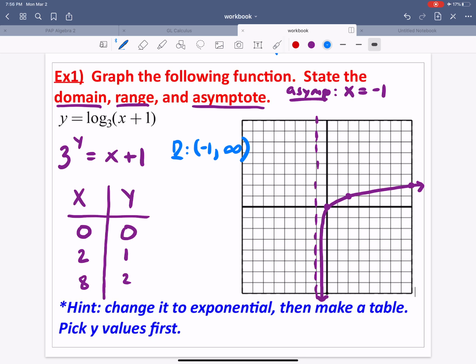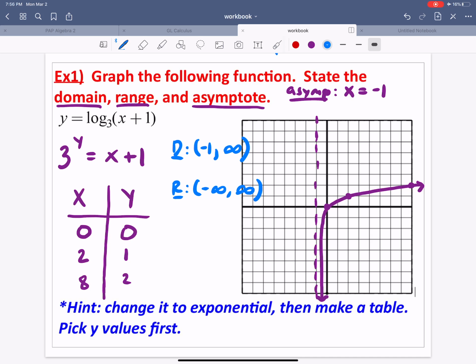And remember, when we use interval notation, we use parentheses for both, because you can never actually reach infinity, and the asymptote means that you're never going to actually touch -1. Now, the range on log functions will always be easy, because it will always be all real numbers from -infinity to positive infinity. So that should be pretty straightforward for us.